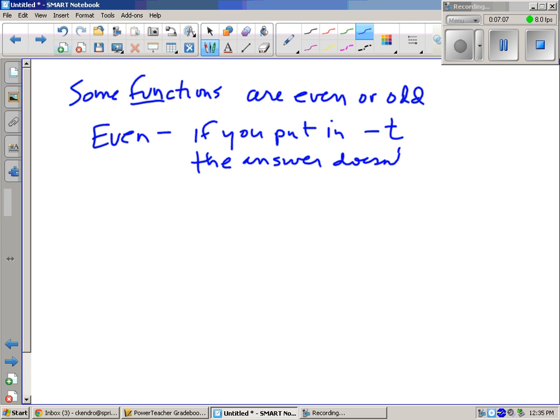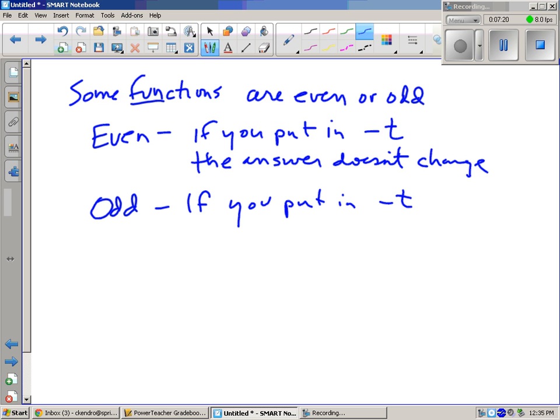Now that's not going to make sense until I actually do a problem, so have a little patience here. Odd means if you put in -t, the answer is the opposite.